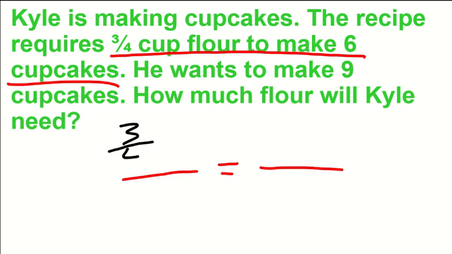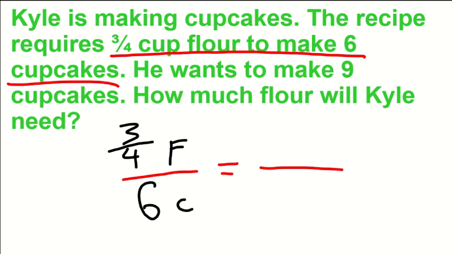We've got 3/4 a cup of flour. It is very helpful and a very good idea to label your numbers. It doesn't have to be a full-on label; one letter usually works. We've got 6 cupcakes. Then you're looking at what it's asking you and what the other number is.